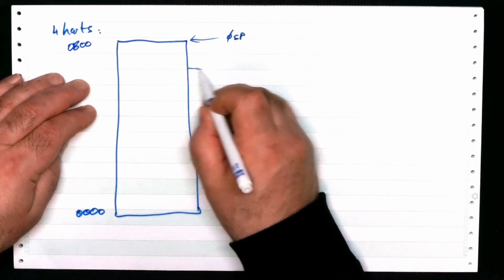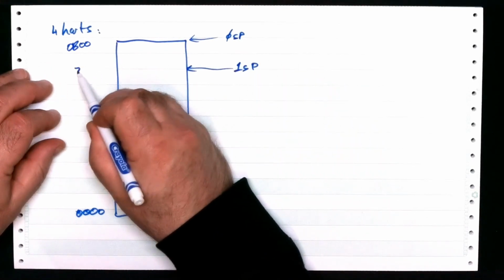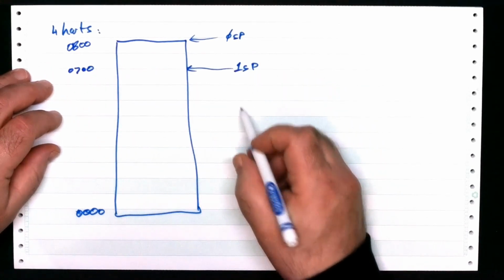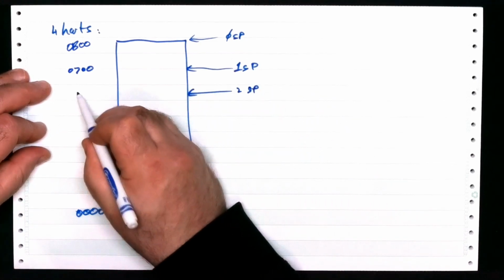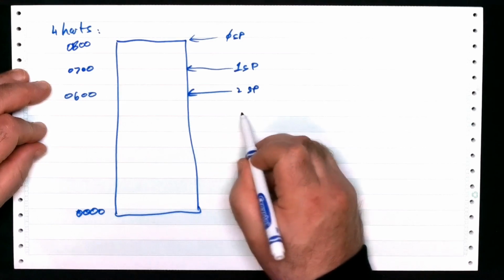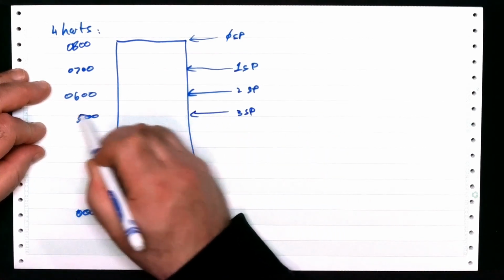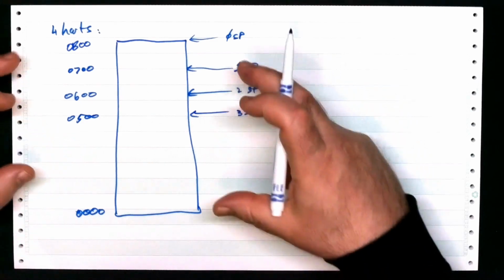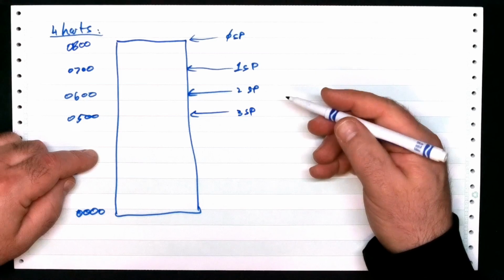Another one is down here. That's for Hart number 1, and it'll be initialized as 700 in hex. This one here is at 600. 3 SP is down here at 500 in hex. It's the only difference between the states in each of these 4 Harts at that point in the code.